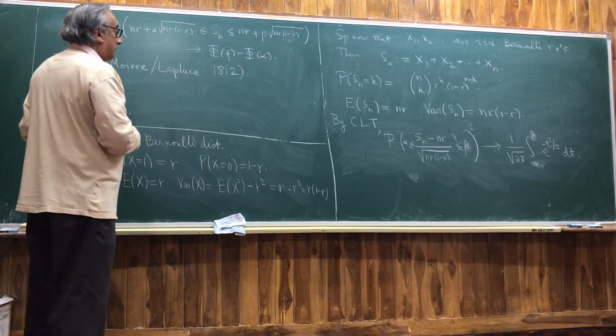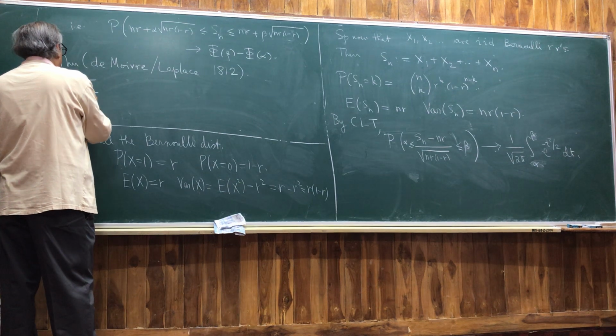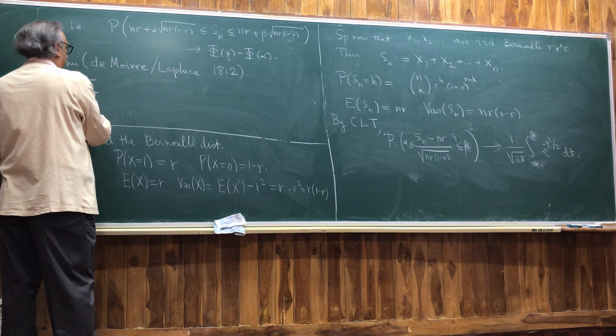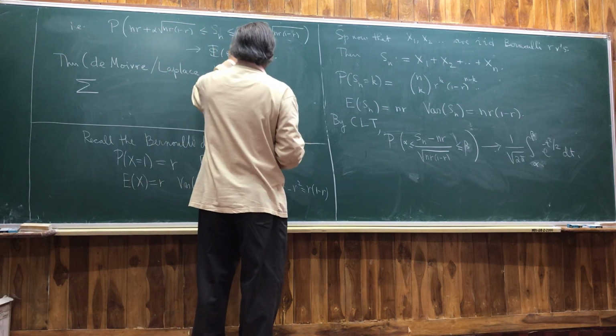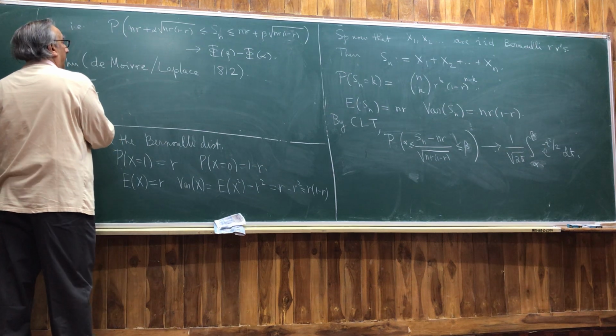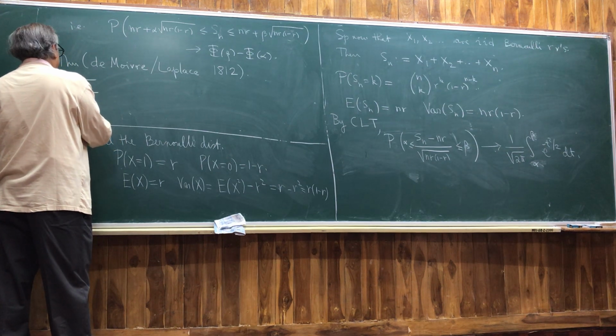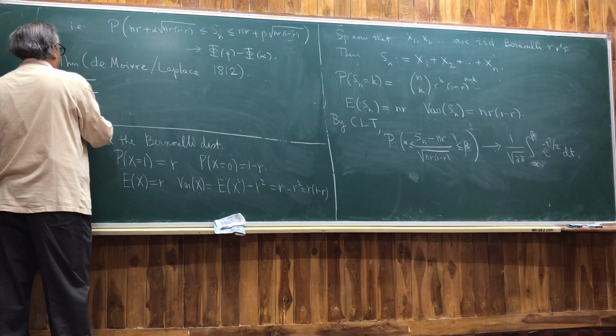right? So now we get this remarkable theorem. We have the sum over k with Sn equals k, if k lies between these two things, so k minus nr, so k lies in that range.